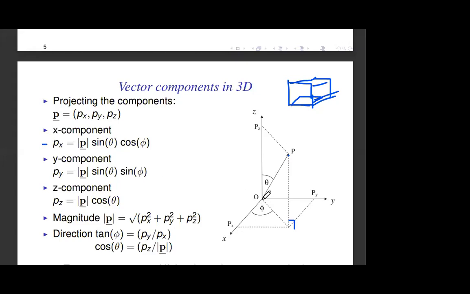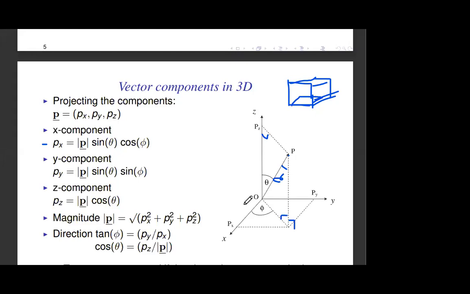PX, PX means this distance, PY means this distance, and PZ means this distance. This is 90 degrees. If you know these angles, and this one is also theta, and this is 90 degrees, you can find these lengths.